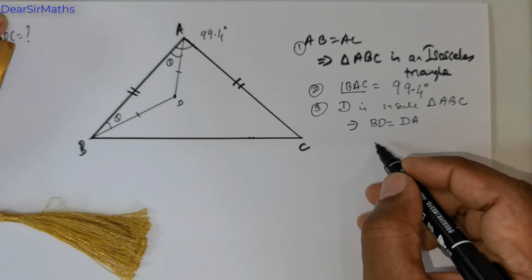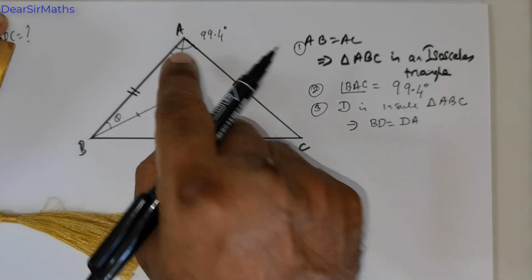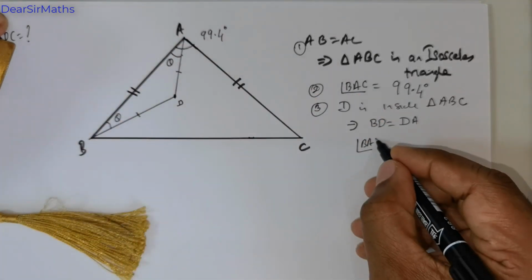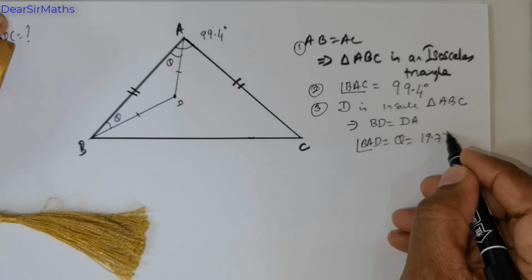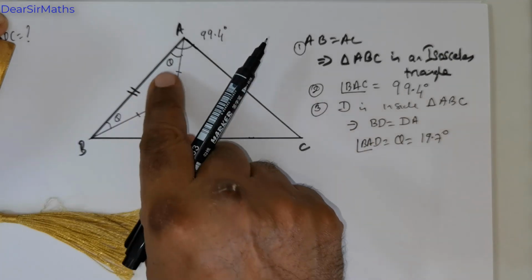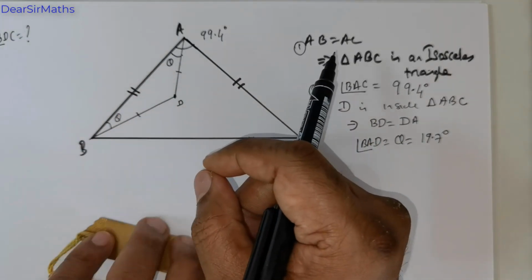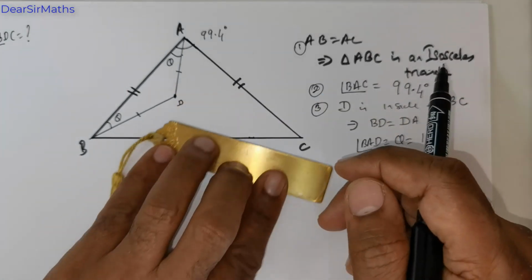Now what we have been given is that this angle BAD, this theta, is 19.7 degrees. This is given. Now what we have to do is, we are expected to find BDC.